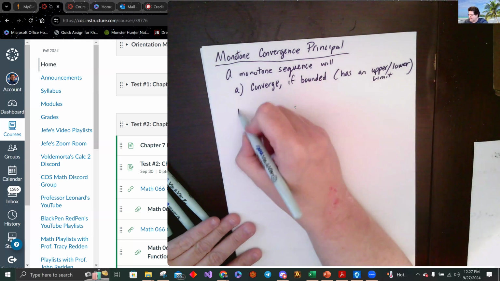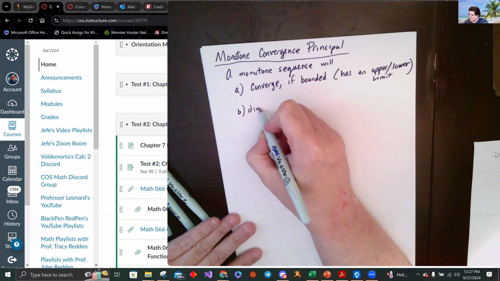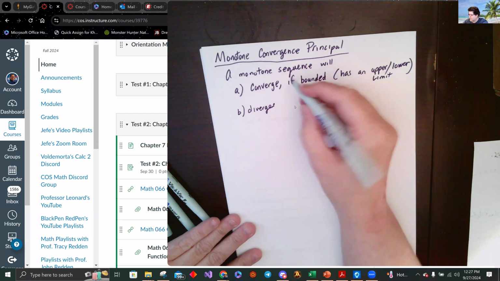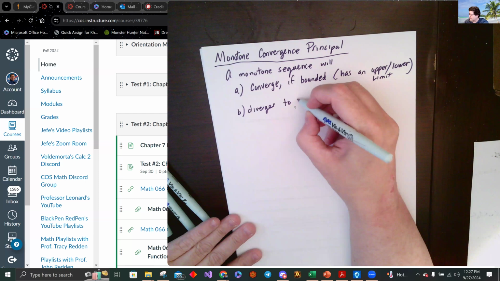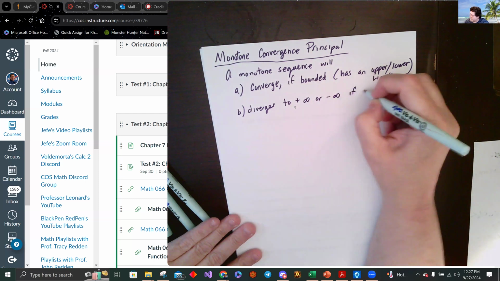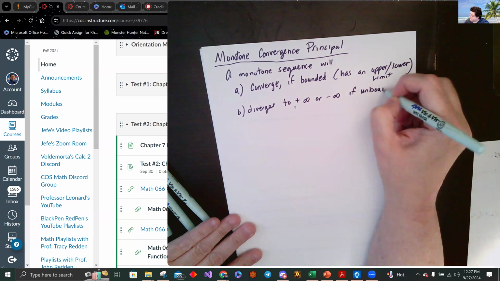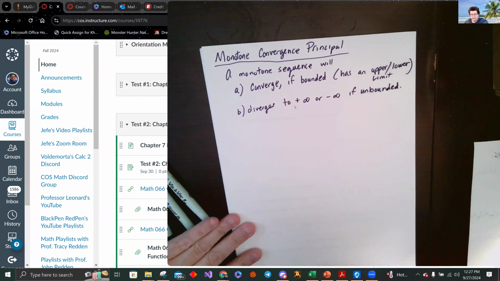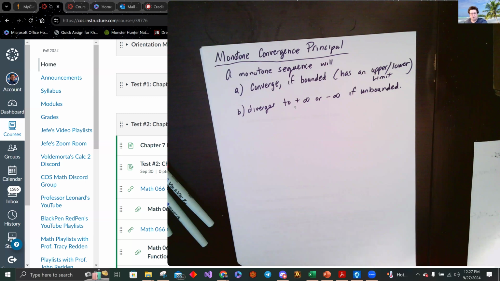Or B diverges to plus or minus infinity if it is unbounded. And the examples I gave previously were diverging monotone sequences.